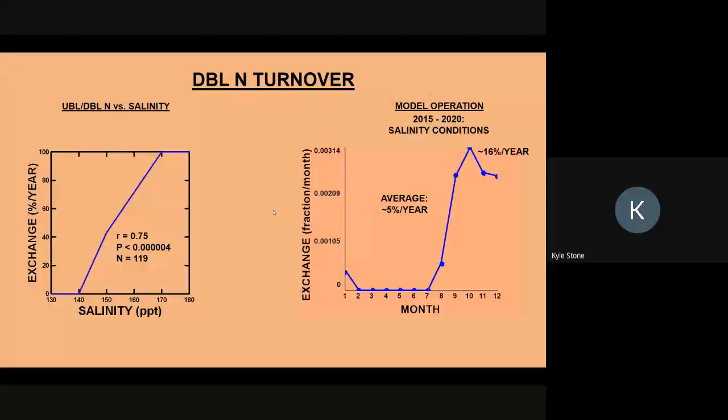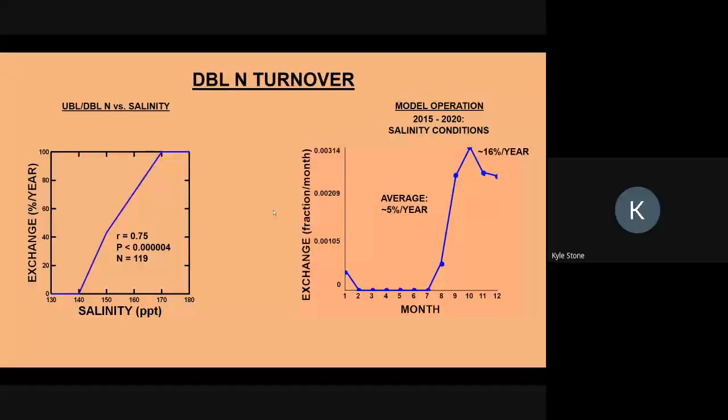But then we get into the summer months and into the fall, when salinity goes up, and we see that there is some turnover that takes place. The highest was in October, with about a 16% turnover per year. Now that would be if you had that level for the entire year.